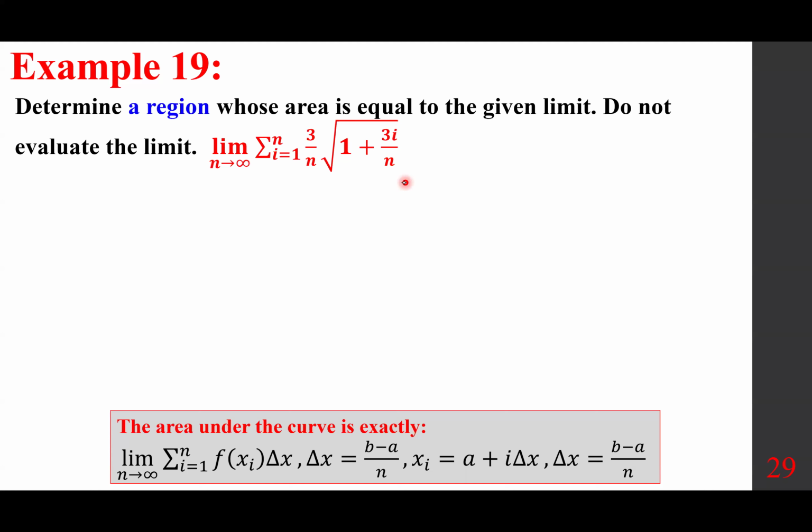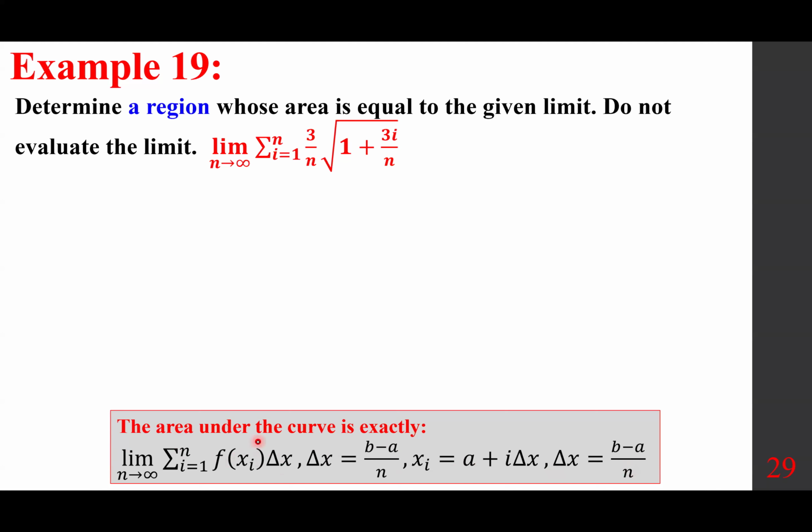Okay, and so again, here's the equation for the area, this limit. Here's delta x, b minus a over n. Here's x sub I, here's delta x. And again, we're using the right endpoint.